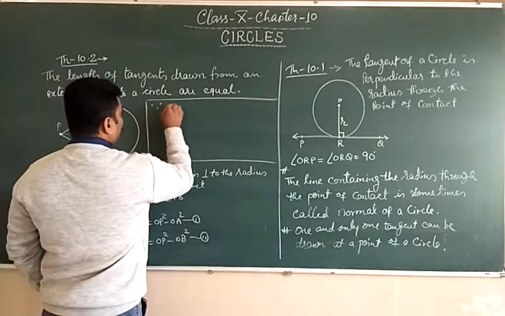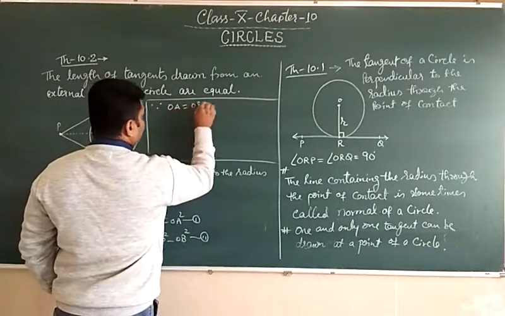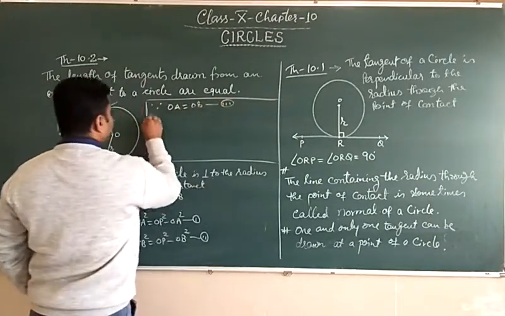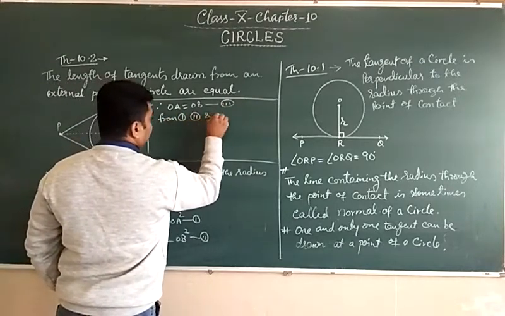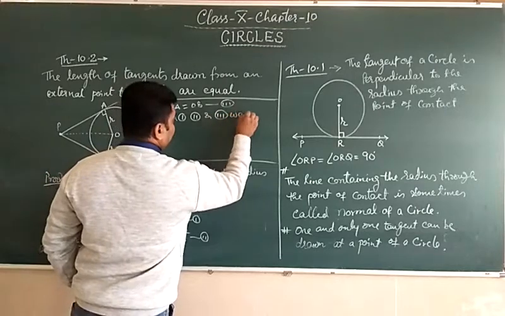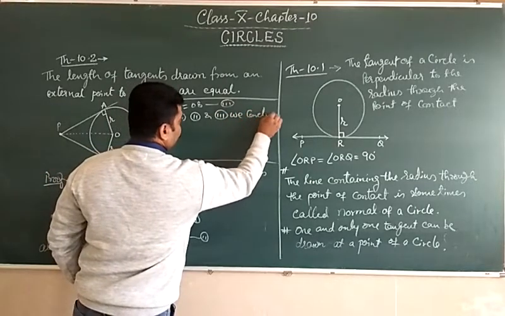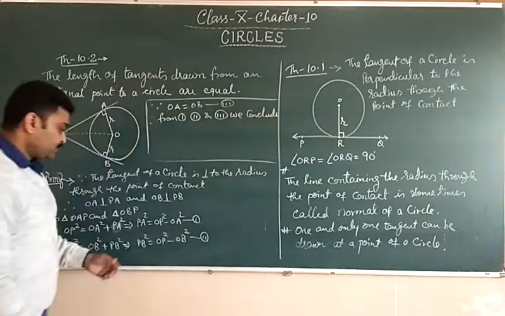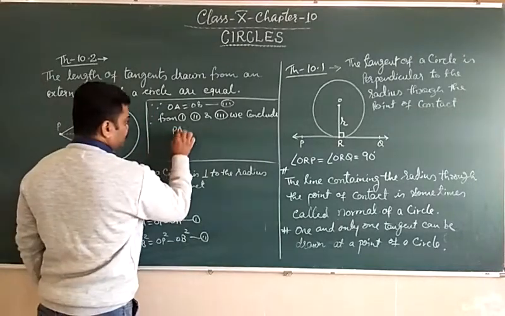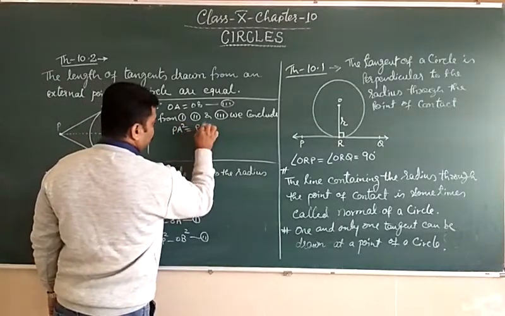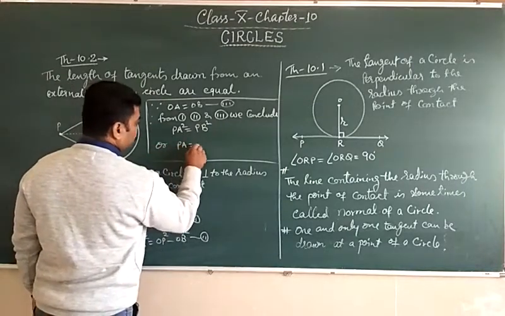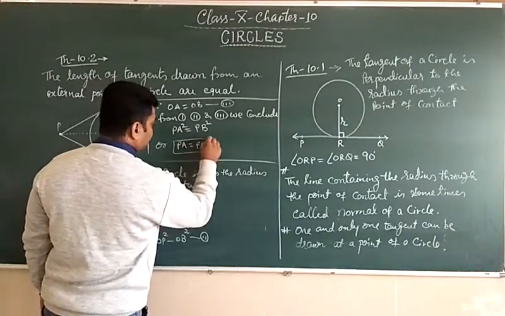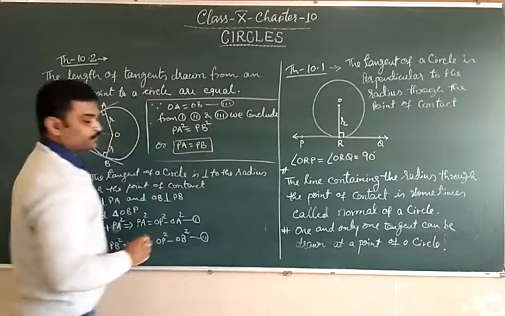Since OA is equal to OB, equation number 3, therefore from 1, 2 and 3 we conclude that PA square is equal to PB square, or PA is equal to PB. This is what we had to prove.